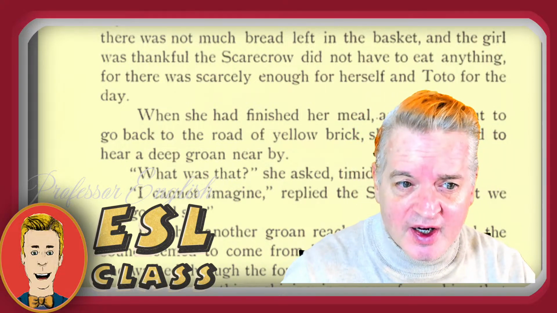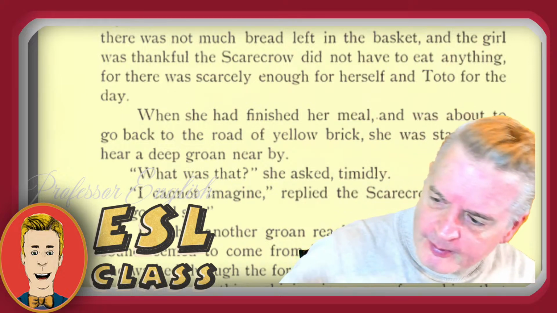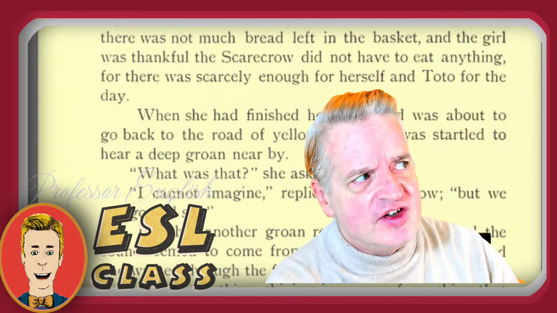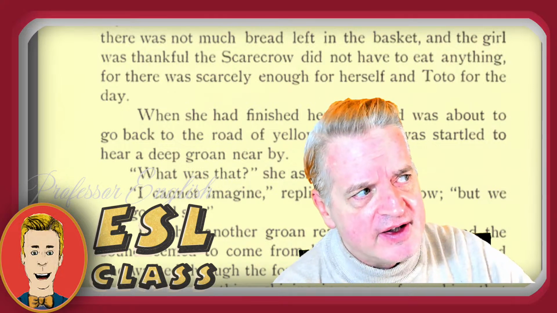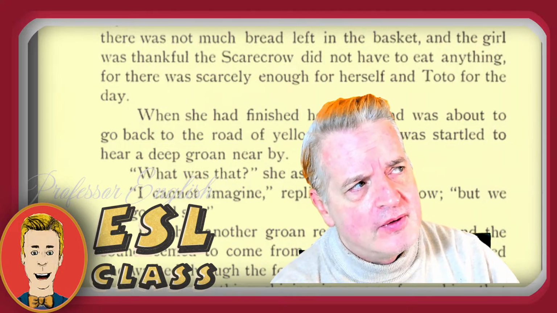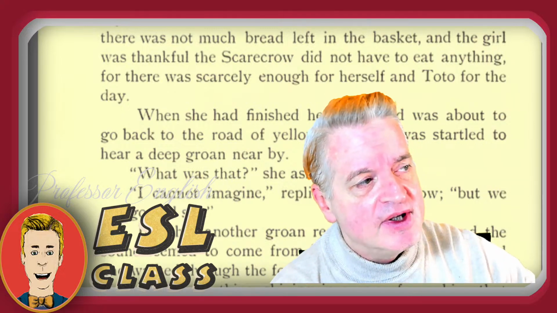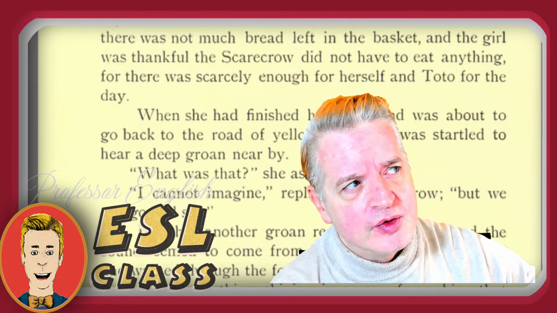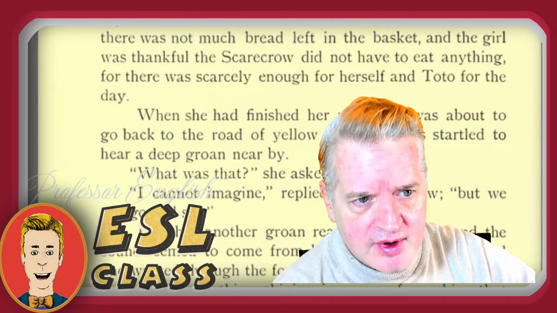Now, that word scarce is interesting. Scarce means difficult to find, not enough, not easy to find. So if you say, in the desert, water is scarce, that means water is very difficult to find. It's not easily available.